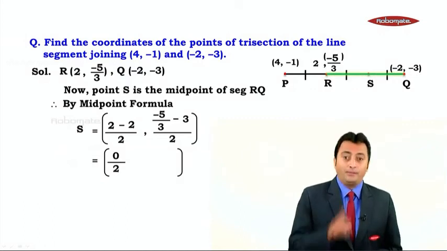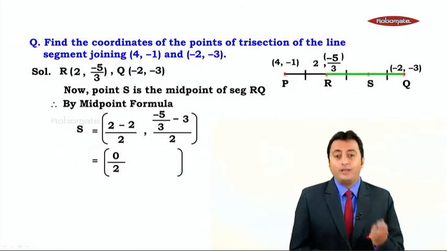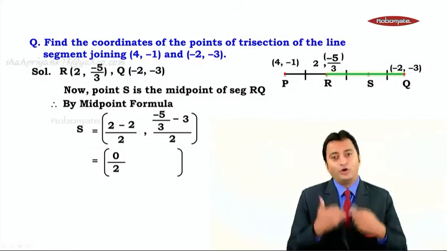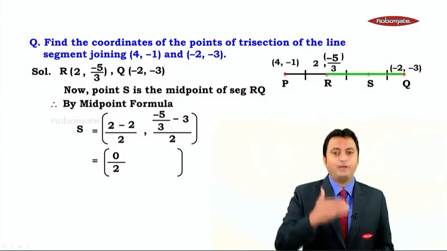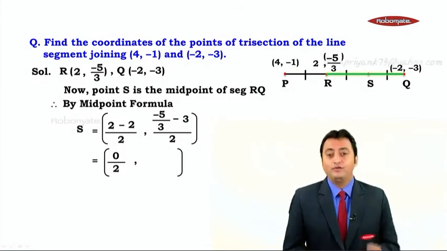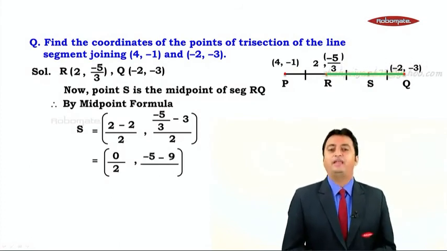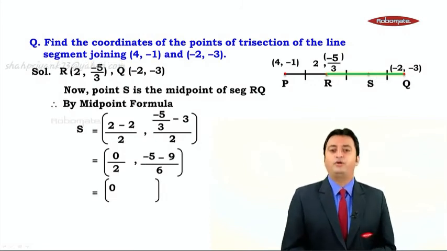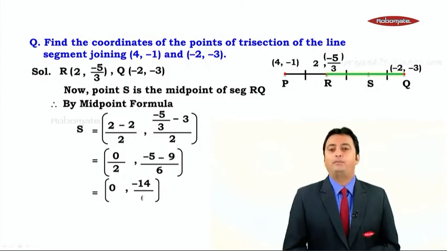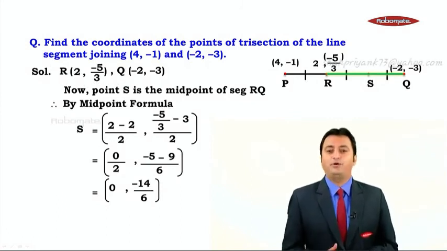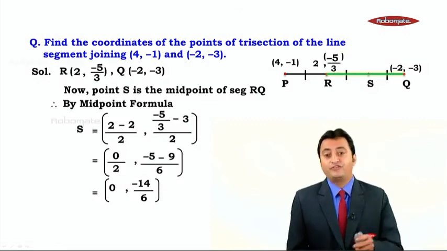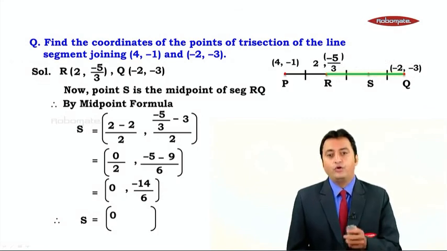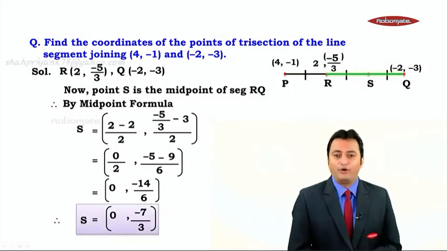Next calculation, by taking LCM, we get (minus 5 minus 9) upon 3, the whole upon 2. 3 upon 2 can be written as 6 also. So it is (minus 5 minus 9) upon 6, which is minus 14 upon 6. Minus 14 upon 6 can be reduced by 2, which comes to minus 7 upon 3. Therefore, S coordinates are (0, -7/3).